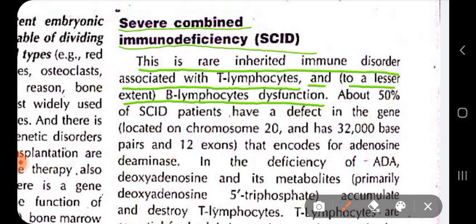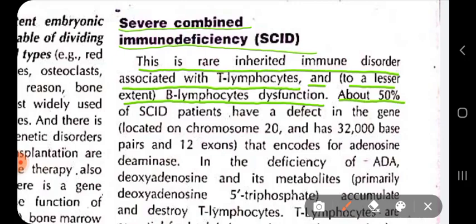So what does SCID mean? SCID refers to dysfunction or non-function of T lymphocytes and to some extent B lymphocytes.